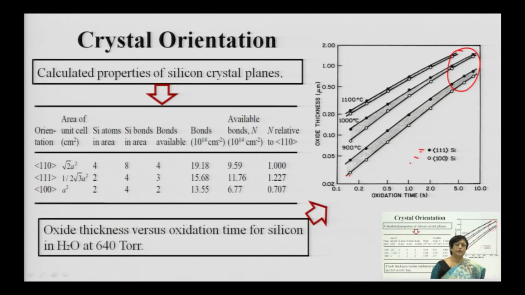Now, I told you already, the Deal-Grove method is very suitable for almost all applications. But if you consider the same Deal-Grove method, the rate has to remain constant, but slowly you will observe that the separation between these two lines is decreasing.